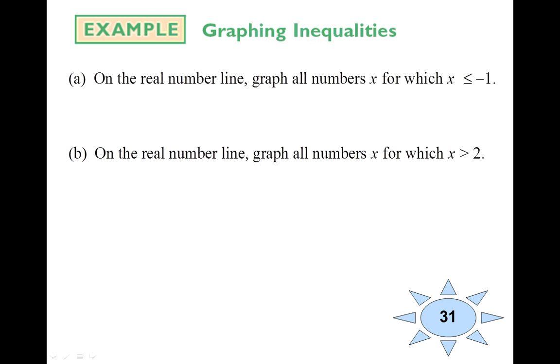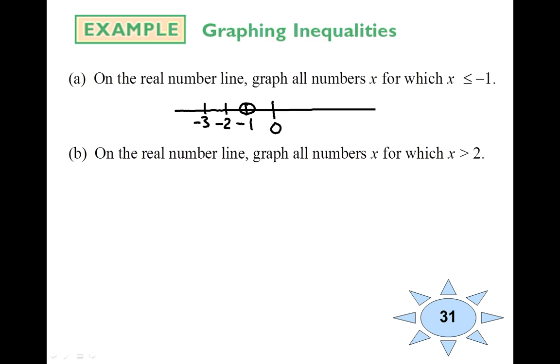All right, graphing inequalities. On the real number line, graph all the numbers x for which x is less than or equal to -1. We're going to draw our number line here. We're going to put a 0, a -1, and let's put a few extra ones just to get them in there, -3. x is less than or equal, so a less than sign means we put a little circle on the -1.